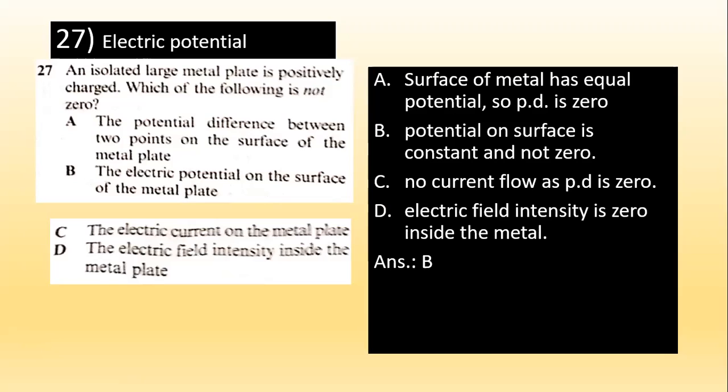Okay, next, let's look at the question. You said potential difference is 0, so no current flows. If the potential is the same, no work is done. If you put an object at the same height above the earth, it won't move horizontally.